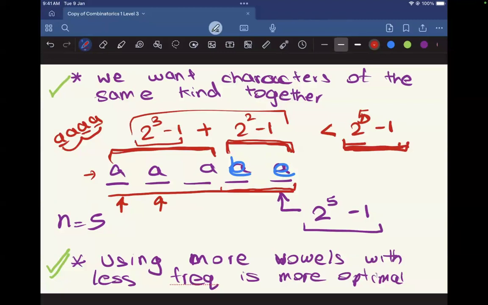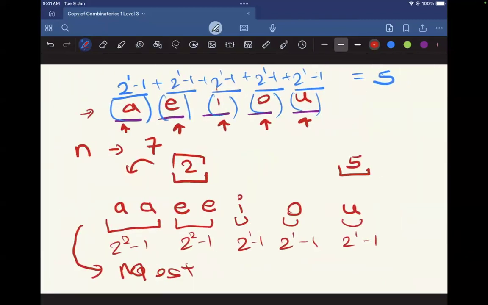So can you notice by increasing the number of unique characters, my answer decreases? Like if I also included an I, my answer would decrease further. So the most optimal is if I have all my characters, my answer is the smallest possible, correct?